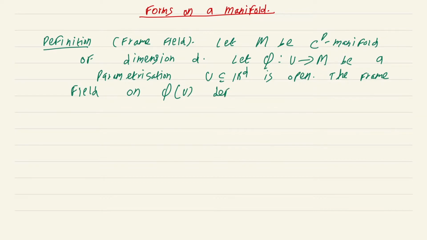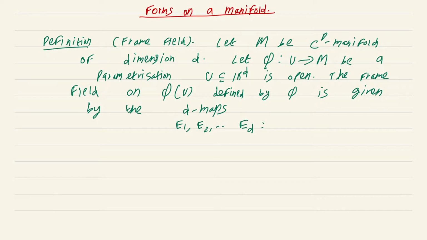is given by the d maps E_1, E_2, ..., E_d. These are all maps from phi(U) to R^n. How are these maps defined?